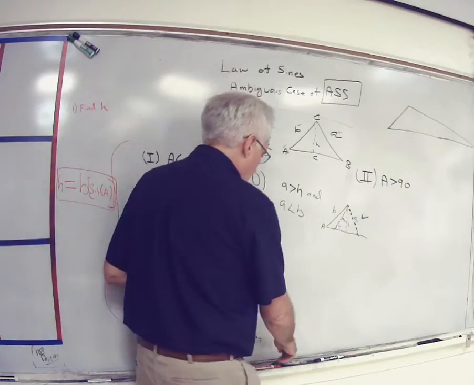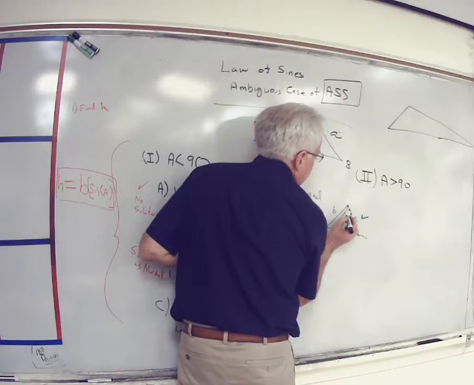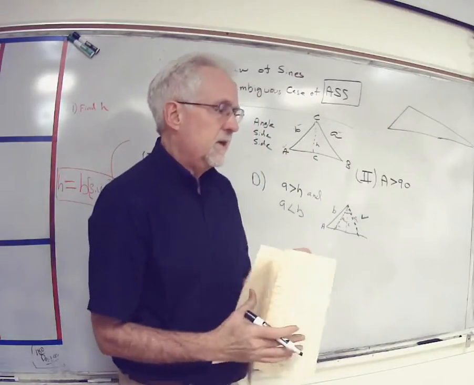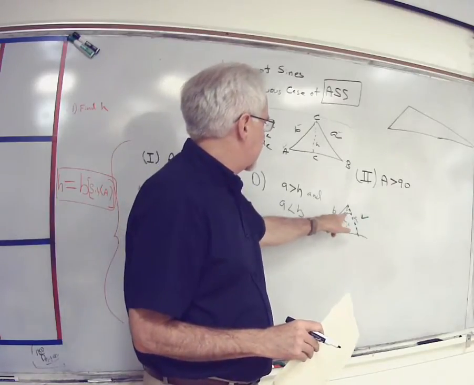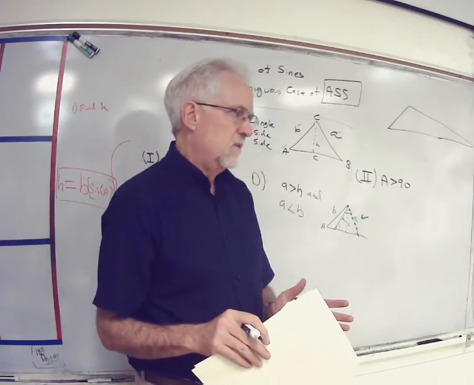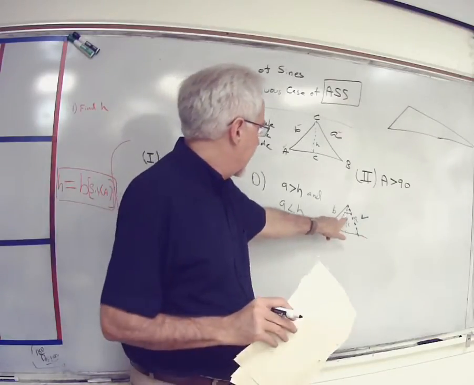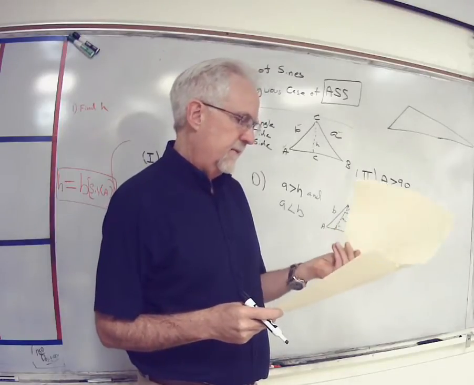Well, if you find one, what you can see is the amount that this is less than that is the same amount that it is over here. So usually if you find one, you can figure out what the other one is. Like if this is 80 degrees, then the other one would be 90 plus 10, 100, right? It's equal around that leg.